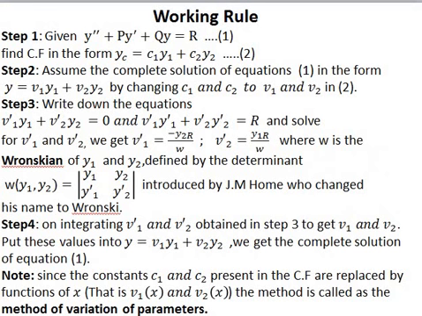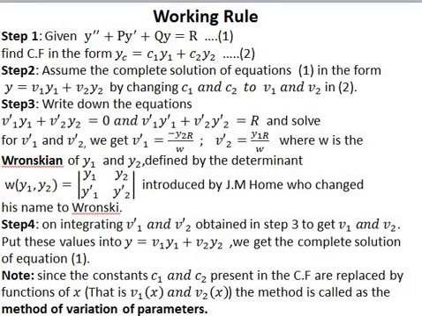Working rule. Step 1: Given y double dash plus p into y dash plus q into y is equal to r, call it equation 1. Find the complementary function in the form yc is equal to c1 y1 plus c2 y2, equation 2.